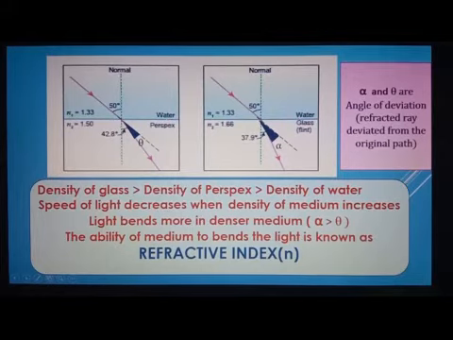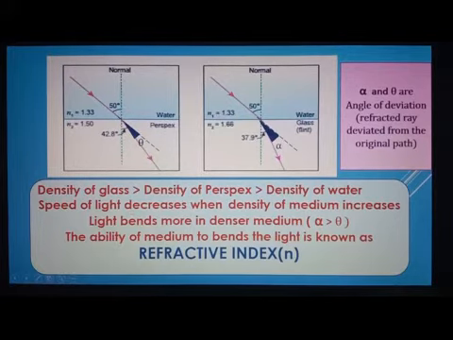We have three media: water, perspex, and glass. If we compare the density, the density of glass is greater than perspex, which is greater than water. As we discussed earlier, speed of light decreases when density of medium increases. So we can say that light bends more in denser medium. That's the reason why you can see in glass the angle R is smaller than in perspex. So in glass the light ray bends more compared to perspex.